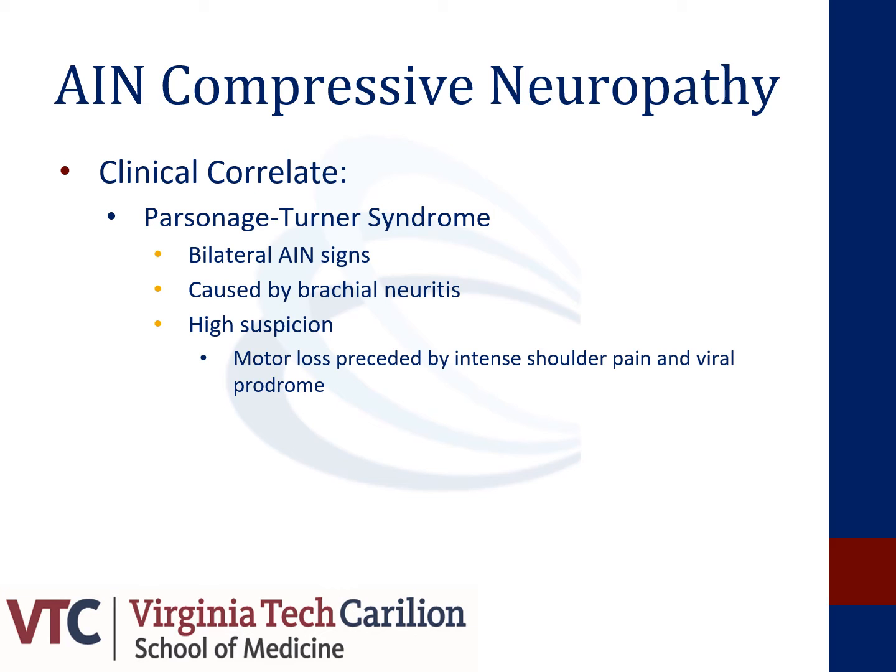Triggers for Parsonage-Turner syndrome include a viral illness, immunizations, perioperative or peripartum state, and strenuous exercise. There needs to be a high suspicion for this underlying diagnosis, and it often is preceded by intense pain or a viral prodrome prior to onset of symptoms more consistent with AIN compressive neuropathy.